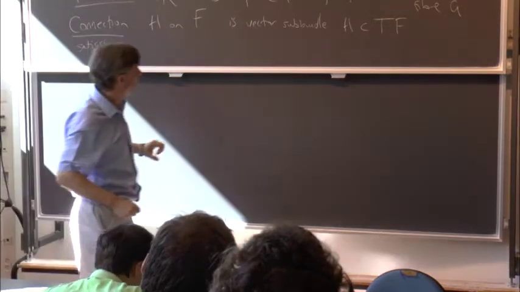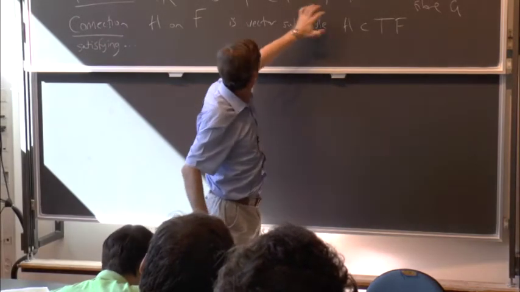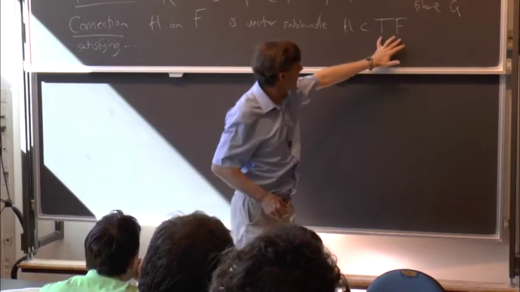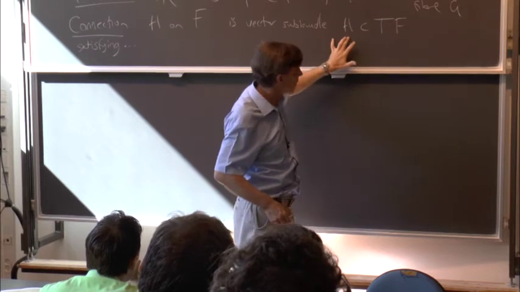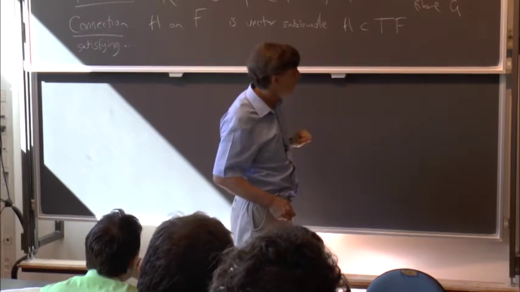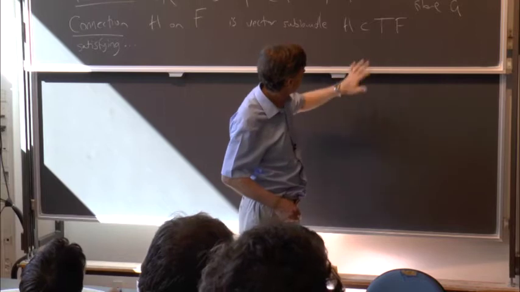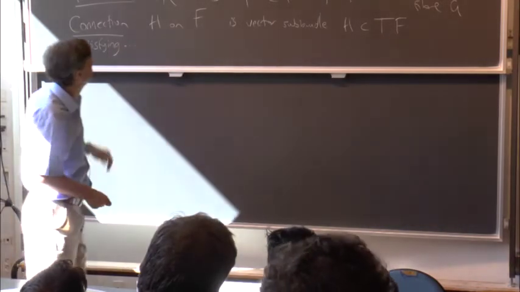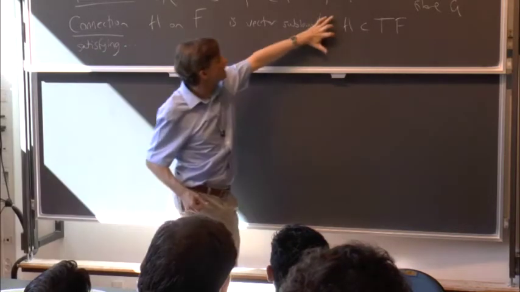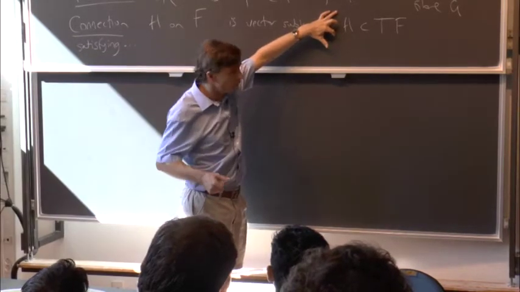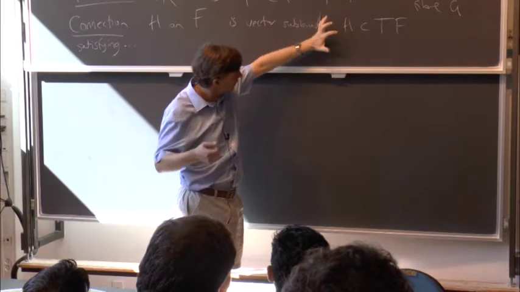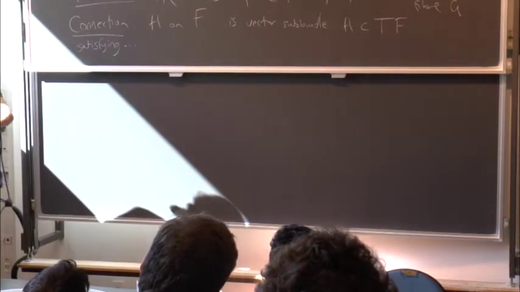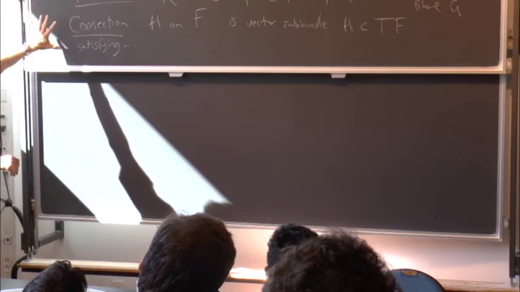The conditions being that H is invariant under the GL(n,R) action, and the tangent bundle of F is a direct sum of the vertical subbundle and the horizontal subbundle H, where the vertical subbundle is the kernel of the map from TF into the pullback of TX. That actually implies that H is isomorphic to the pullback of TX. Okay, that's much I've said already.